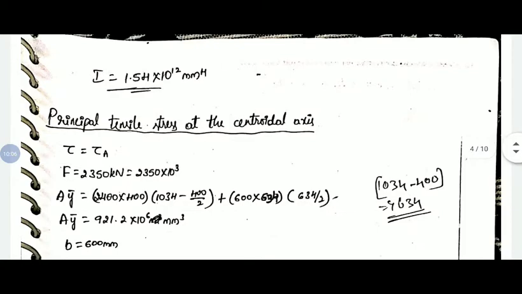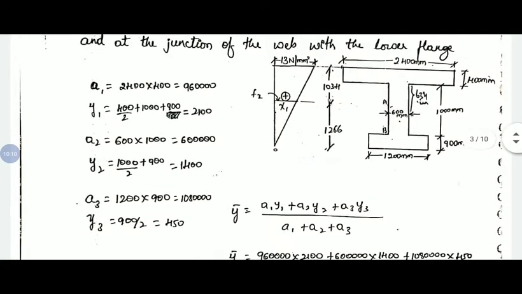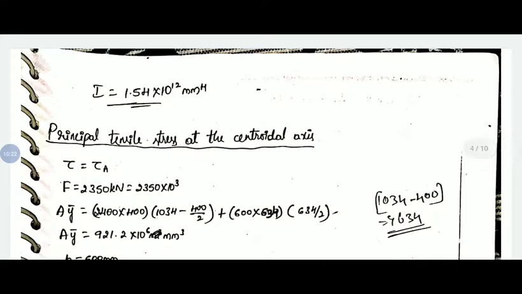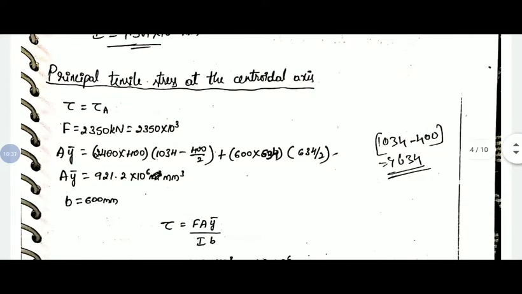That will be y1. Plus here the web portion above the centroidal axis remaining is 634 mm. The height of the web above the centroidal axis is 634 mm and the width is 600 mm. That area we have considered here, and for that the centroidal height is d by 2, that is 634 by 2. On simplifying we will get the a y bar value.